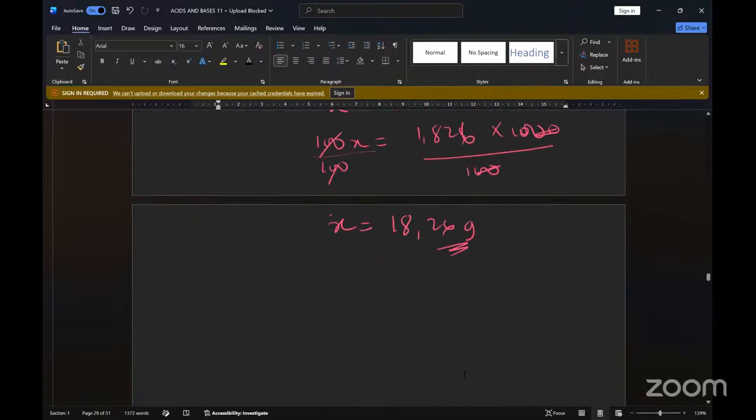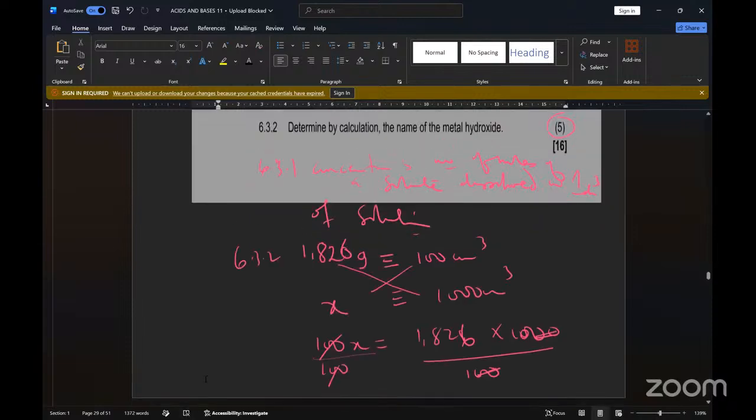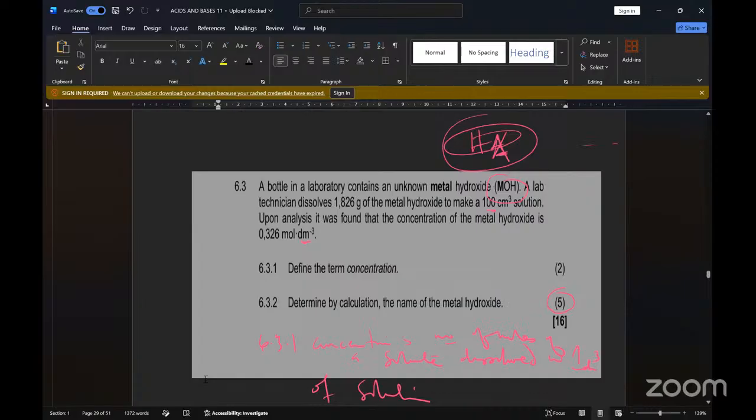We have been able to determine the mass in 1,000, and then we know the moles in 1,000. This concentration is the number of moles in 1,000. Then we've also found the mass in 1,000 centimeters cube, or 1 decimeter cube. So this is the mass, and this is the molar mass.